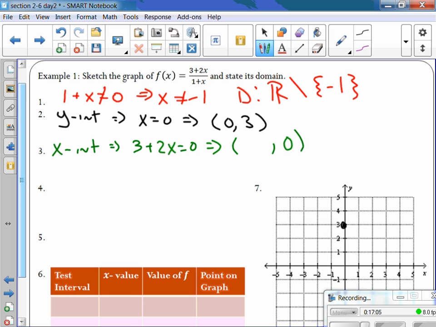As she said, we set that numerator equal to 0. That's the same thing as letting y, our function, equal 0. Setting that numerator equal to 0, we wind up with an x value of -3/2. So (-3/2, 0).